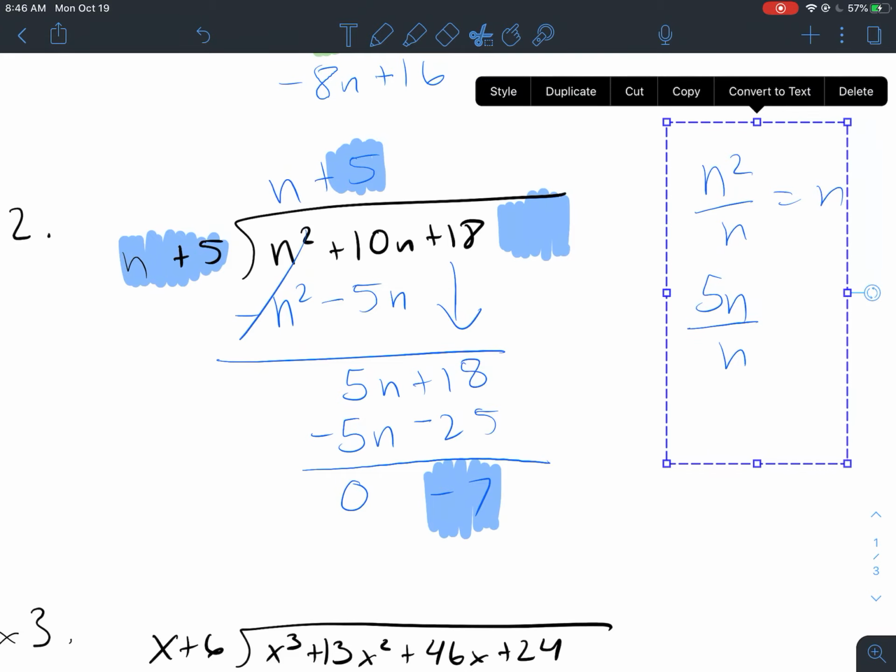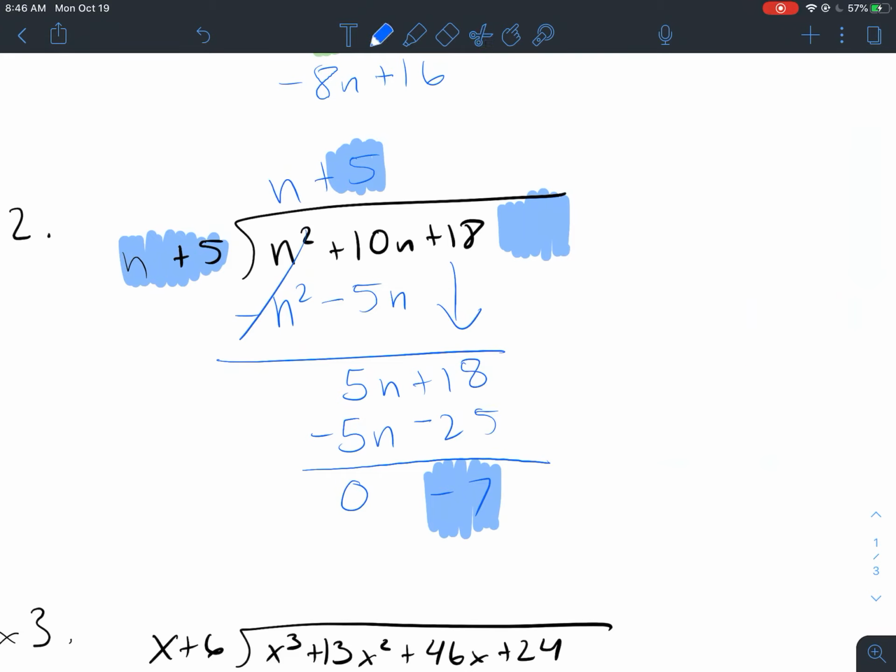So the way that you write your answer when you have a remainder is it's this guy, and then it's going to be plus your remainder, which is a negative 7, over this guy. It's kind of tricky, actually. You know what? I'm going to change the color of that so you can see where these guys are coming from.